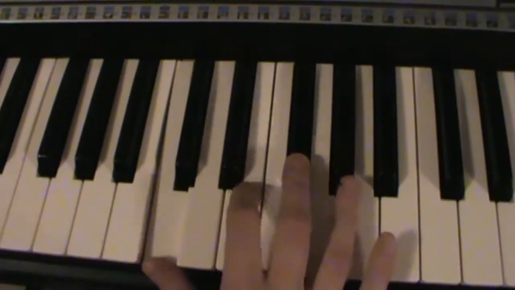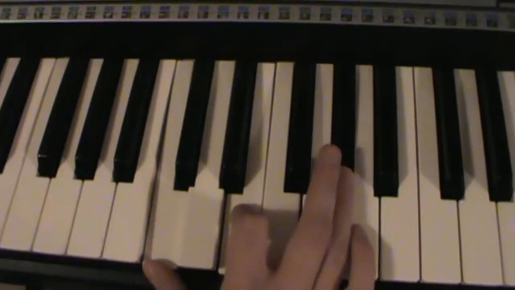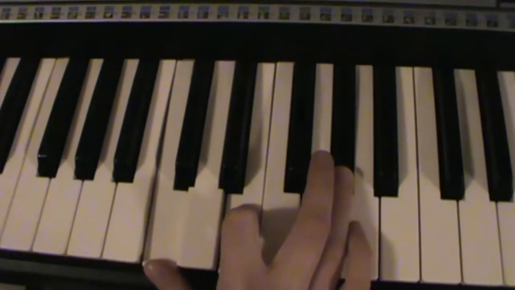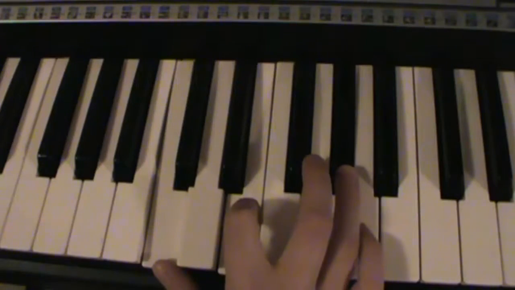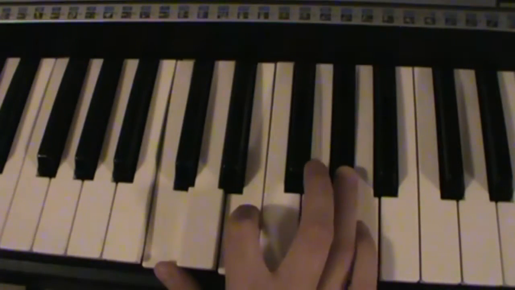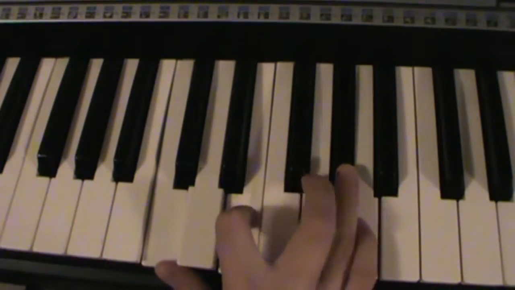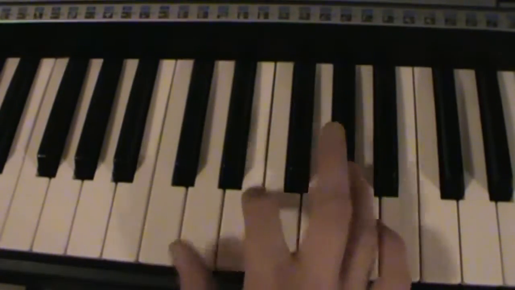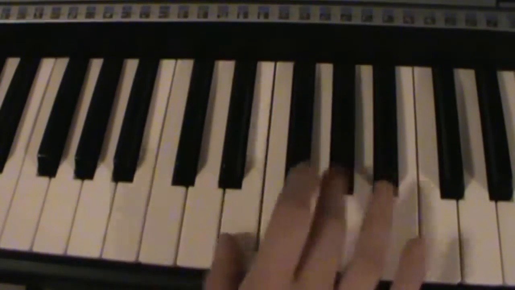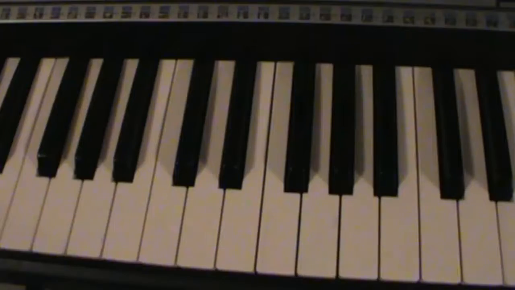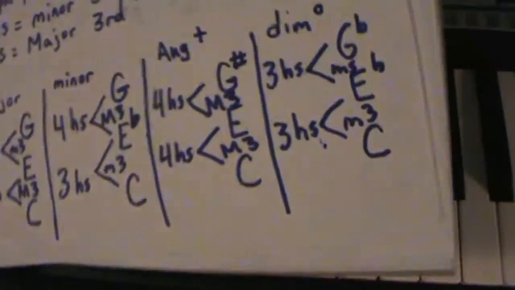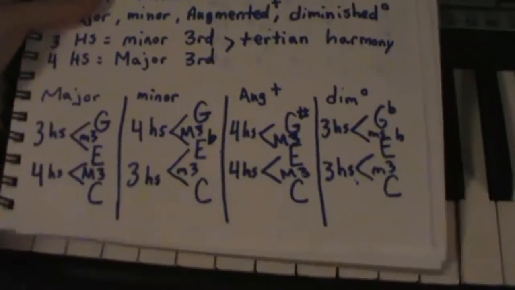Okay, and what happens if you augment the chord? Well, it's just both two major triads together, and it sounds really strange. Sounds really odd. So you'll occasionally see them, but you're not going to see augmented and diminished chords very often, but you will.